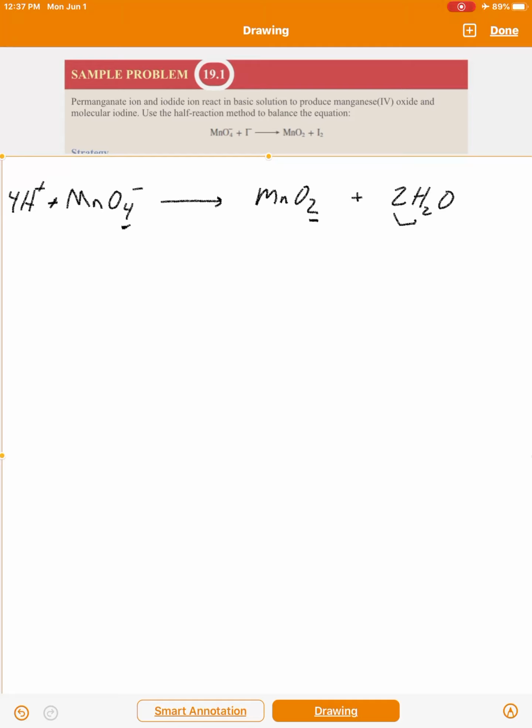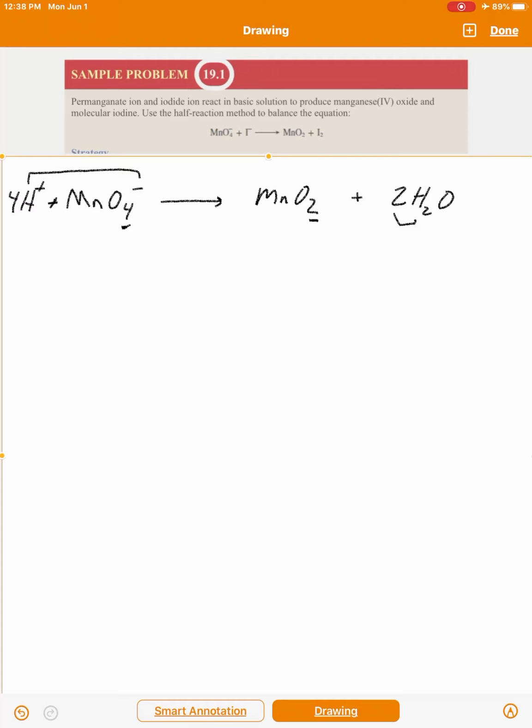The last step in balancing this half reaction is to add electrons to the more positive side. Now, the products don't have any charges. They're both 0. So it's 0 on the product side. But on the reactant side, we have the plus 4 and the minus 1. Now, why plus 4? Why not plus 1?